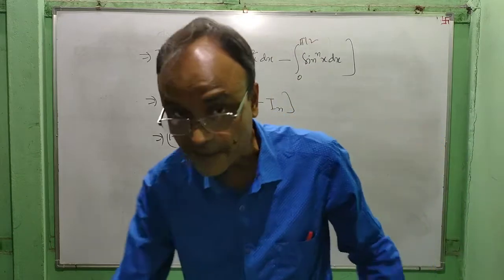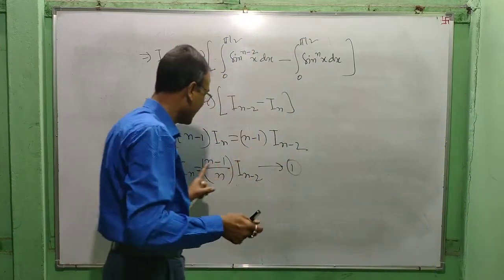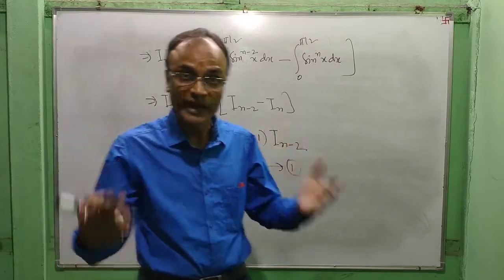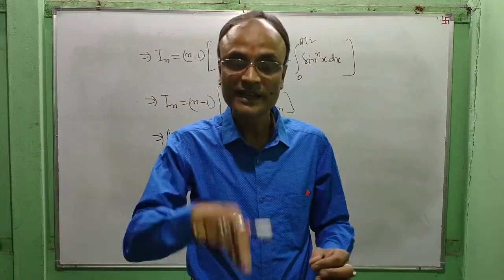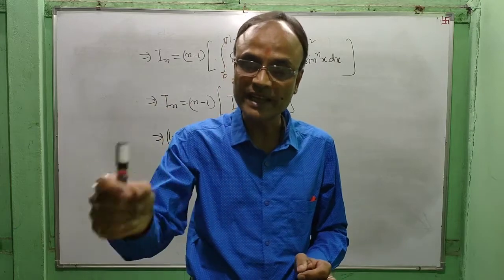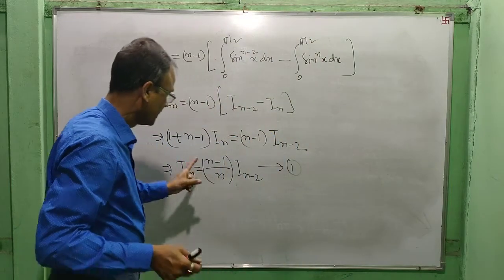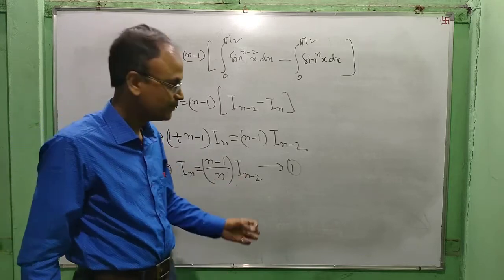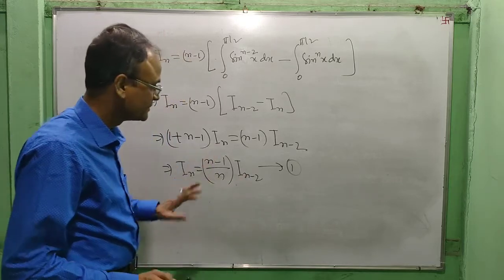We have got one result, which is In equals n minus 1 by n, In minus 2, where In equals the integral from 0 to pi by 2 of sine to the power n x dx. This is number 1.